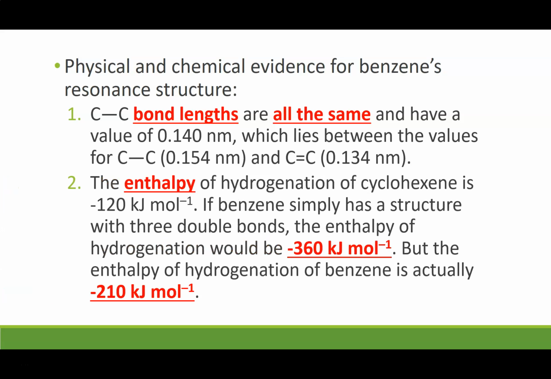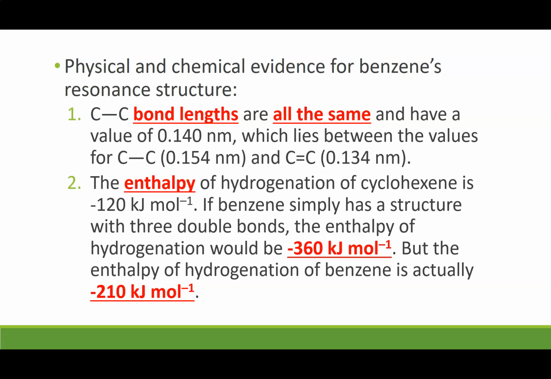The next piece of evidence is a chemical evidence. This has to do with a type of reaction that alkenes undergo called hydrogenation. In hydrogenation, hydrogen is added to the alkenyl functional group in an alkene, forming an alkane.